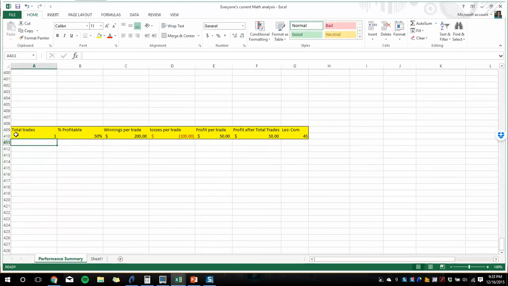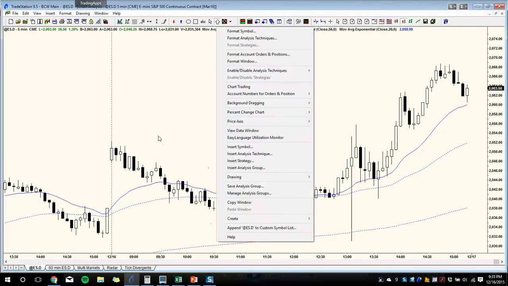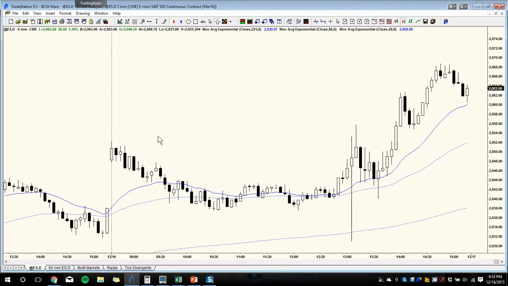As you can see, think about your math. If you're ever trying to figure something out, why you're losing, why you're winning, how to be more efficient, it always comes down to the math. So if you're ever confused, look at your math.